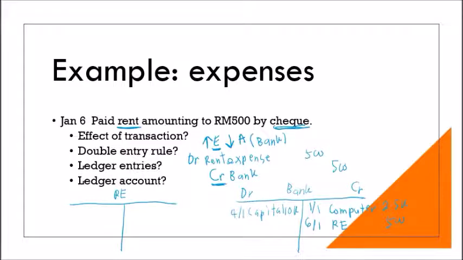Okay, so what do we put in the rent expense? Rent is on the debit side, so you put 6 Jan bank. So you can see that the rent expense is paid by bank amounting to 500. Okay, so let's go to the next example.